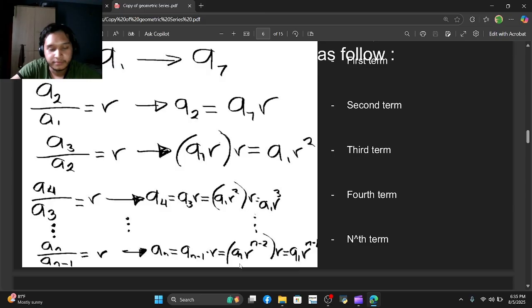Okay, so this means that the first term in the sequence times the ratio to the power of n minus 2. Now, why did we put minus 2? Because if we put, let's say, 7, it will be 5.